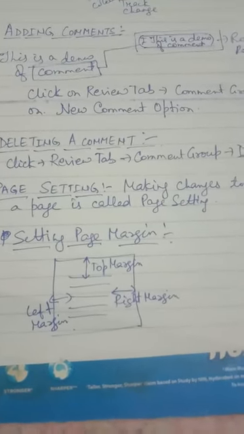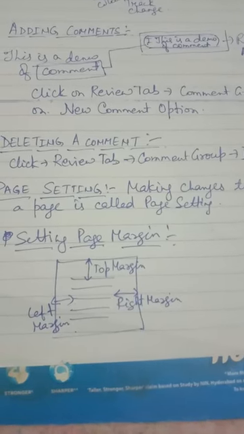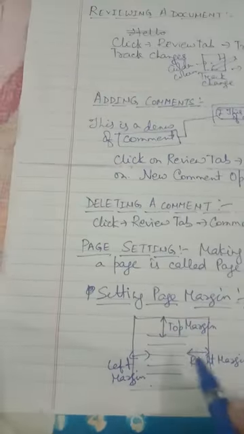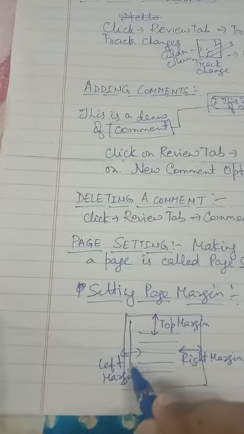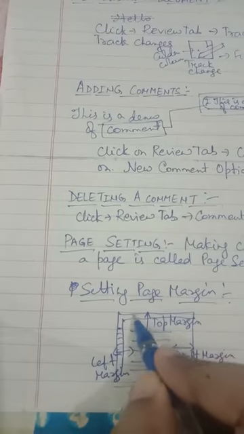By default, MS Word sets all the margins, right, left, top and bottom, to 1 inch from the ruler. Ruler means that this is a ruler over here, and here is also a ruler.